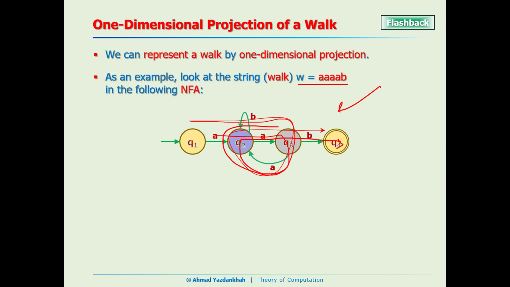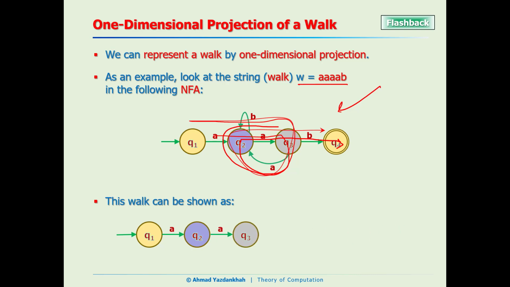A, and B. We can unwind this chain, or strand, whatever we call it, something like this. So Q1, then this is A, A, and B. We can unwind this walk and project it on one dimension. This is easier for understanding a process.